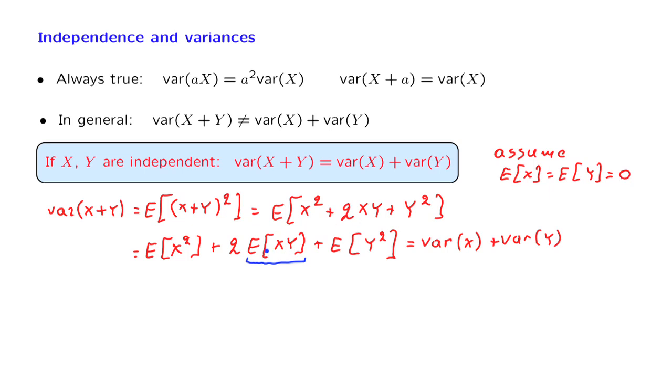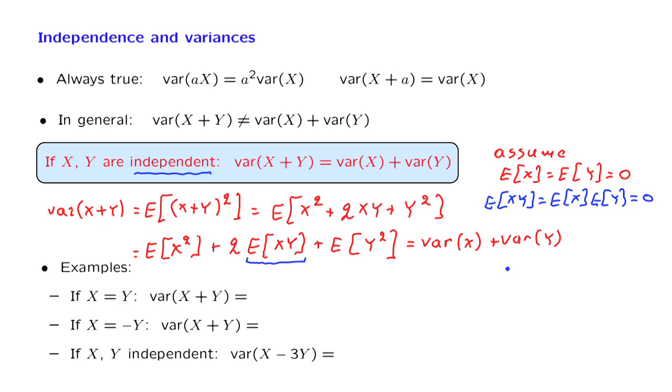So this term is going to be equal to zero. In particular, the expected value of XY equals the expected value of X times the expected value of Y, which equals zero. And so we have verified that indeed the variance of the sum is equal to the sum of the variances.